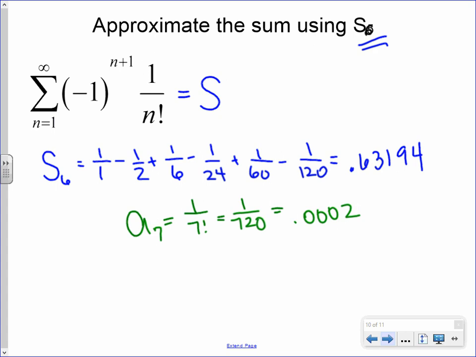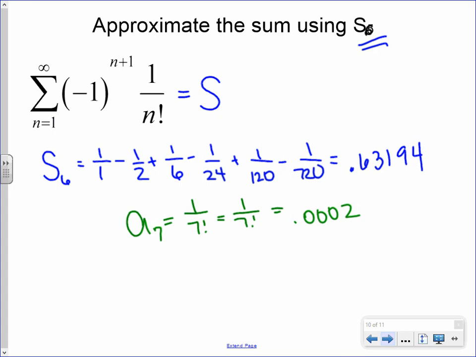So it's 1 times 2 times 3 times 4 times 5. So wouldn't 1 over 60 be 120? I see. Sorry, Grace. This is 120, 720, and this one is 7 factorial.